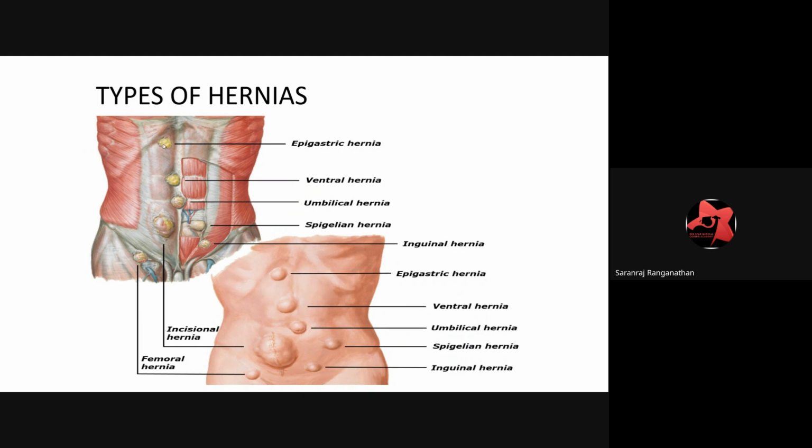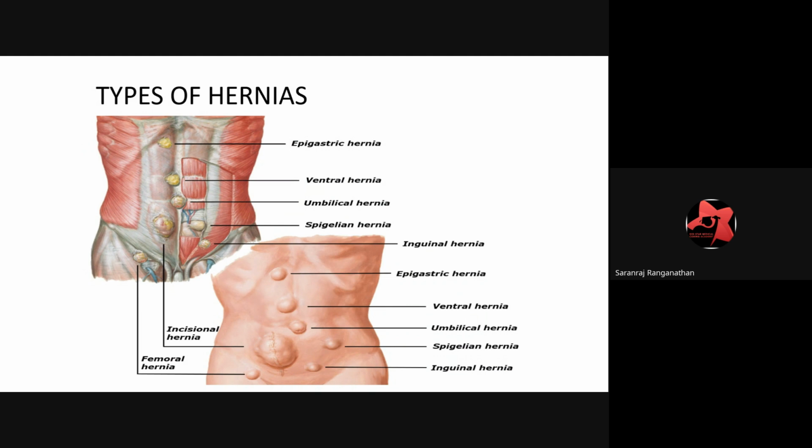The internal organs and internal parts try to come out in this muscle area, and that is how this appears. Sometimes it may be problematic, or sometimes it won't cause any symptoms or abnormality, just this appearance like small lumps or small masses. So based on the anatomical part, the hernia name will differ.